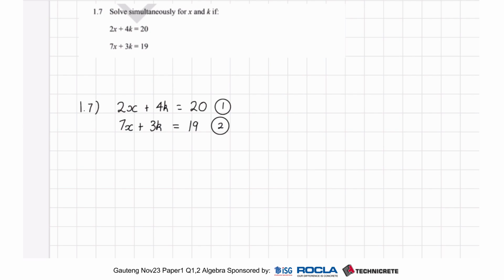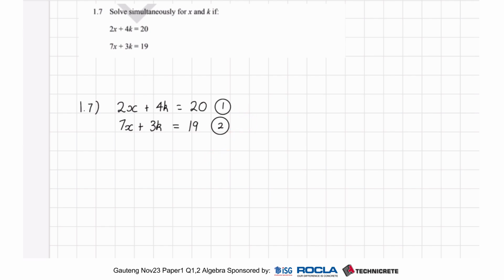So I want to solve simultaneously by substitution, which means that I need to get an expression for x as x equals something with a k in it, or k equals something with an x in it, and then I'll be able to substitute either one of these that I have into one of the equations, and I'll be able to solve for one variable, and then using that answer that I find for the one variable, I can substitute that back into either one of these 2 equations and find the value for the other variable.